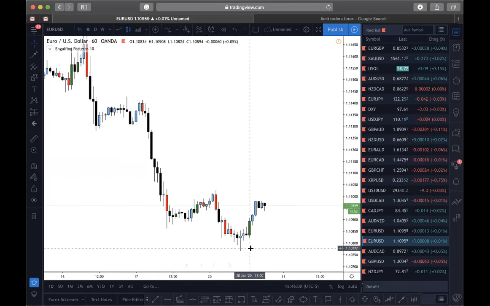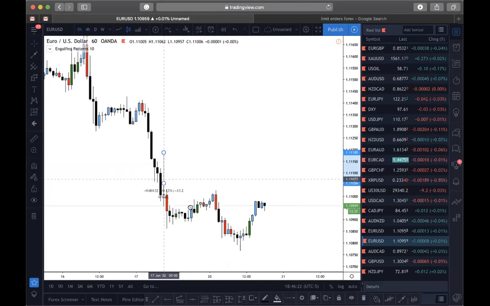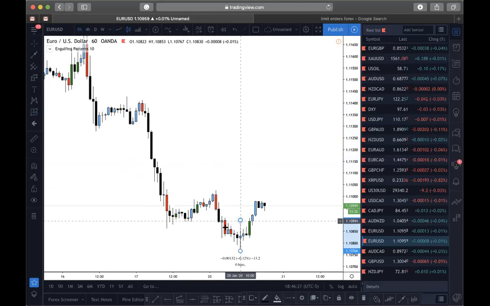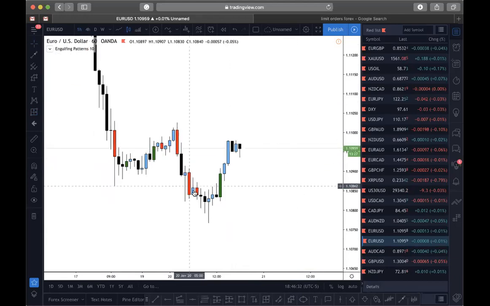For example, we know that on this candlestick, the market moved down 13 pips for this hour. And just for example, we could see that we have 7 candlesticks over here, so this is basically 7 hours of movement, up and down.